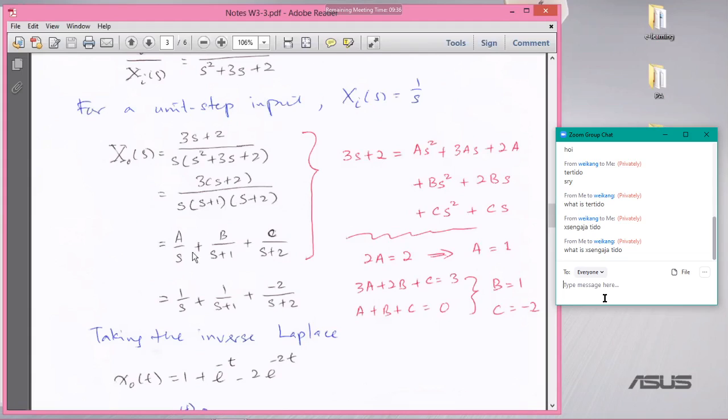Therefore, you're going to have 3 fractions: A over s, which is the first factor, B over the second factor, which is s plus 1, and C over the third factor, s plus 2. So your task is to determine the values of A, B, and C.